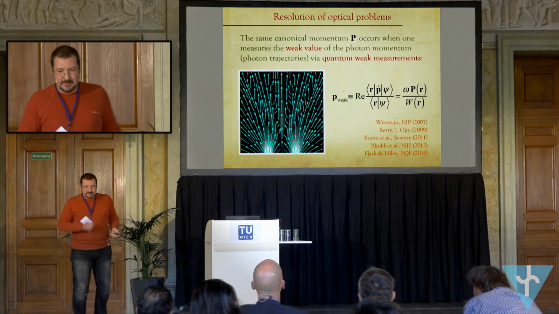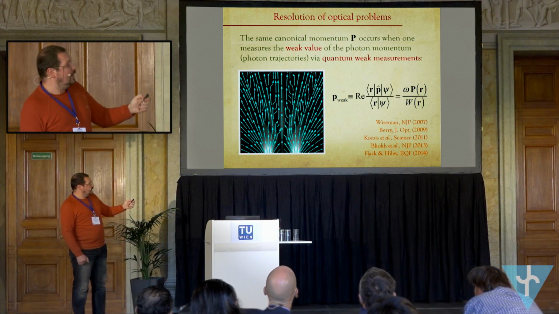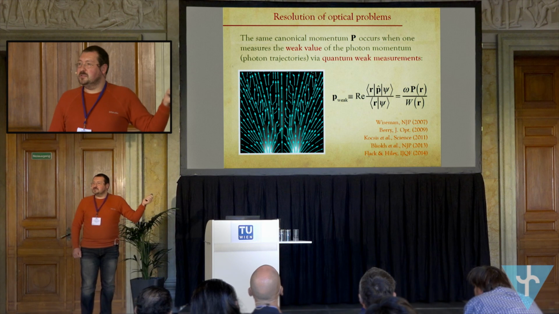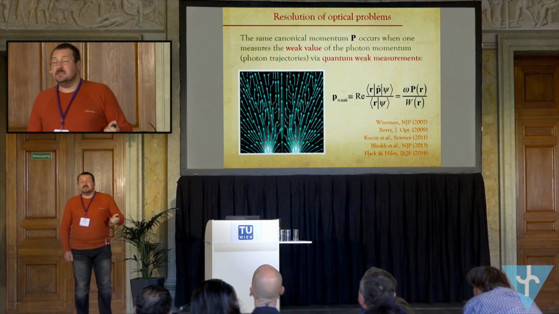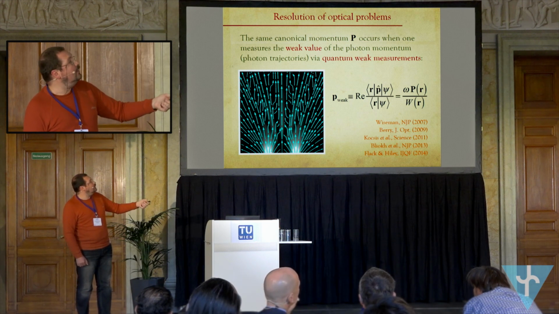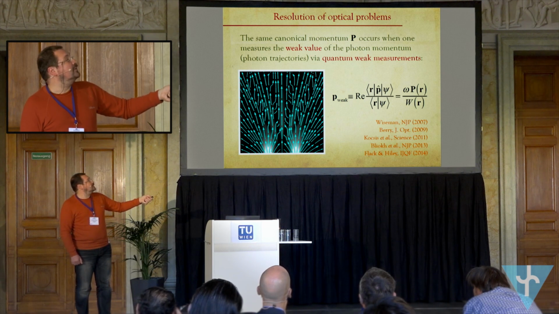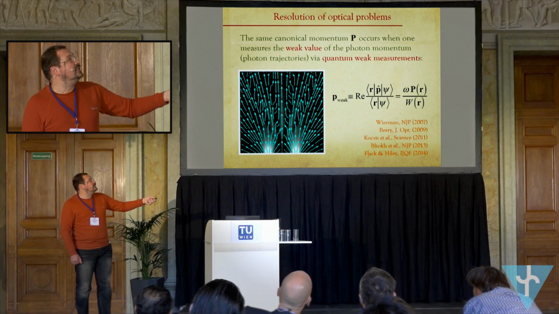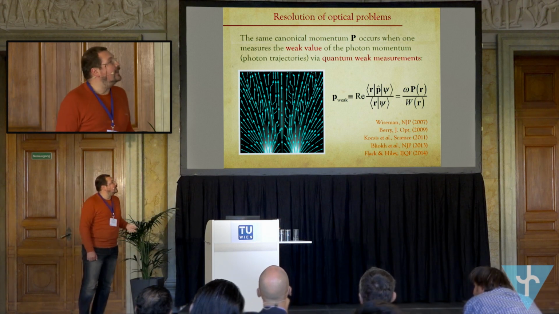And this well-known picture, which was discussed today several times, weak measurements of photon trajectories or Bohmian trajectories, it's again fully consistent with this canonical momentum density, because what is actually measured is weak value of the momentum with post-selection and coordinate, and it's exactly proportional to this canonical momentum density from the relativistic energy momentum tensor.